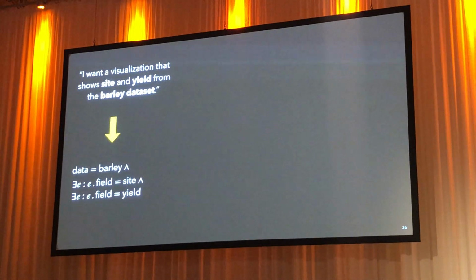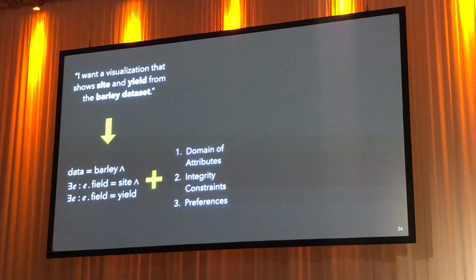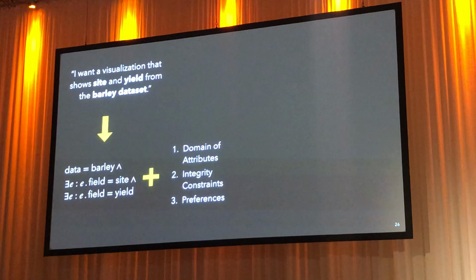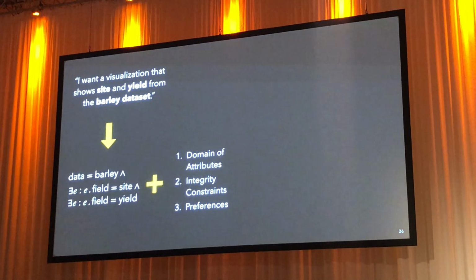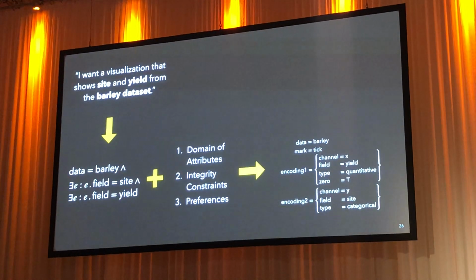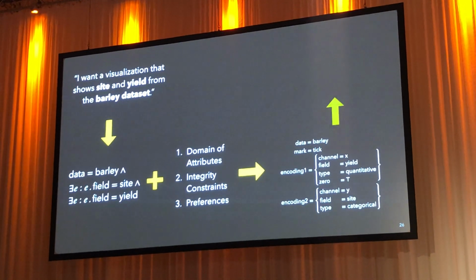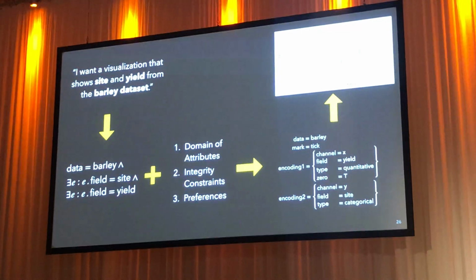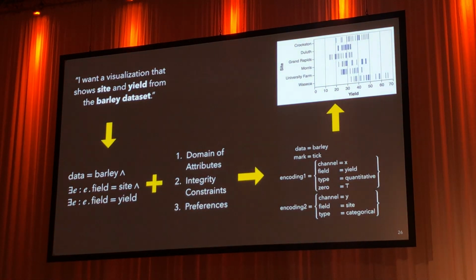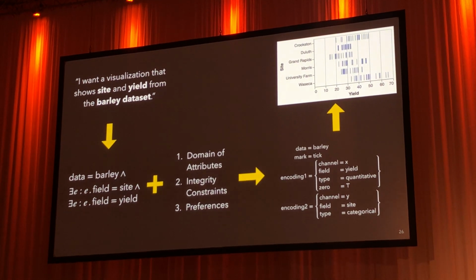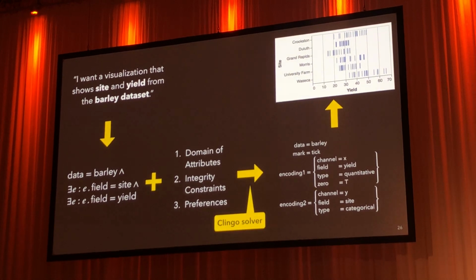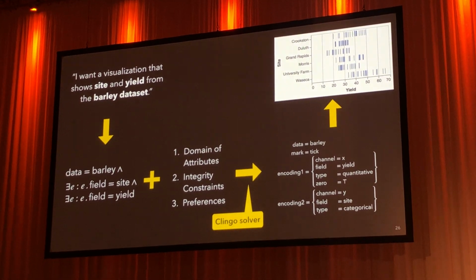Then we add to these facts the constraints that we've defined earlier, the domain, the integrity, and the preferences. And then we use a constraint solver to synthesize from that a complete specification, which we can then render. The weights here allow us to do probabilistic reasoning. The solver that we're using is called Chenglong, which is an off-the-shelf solver.